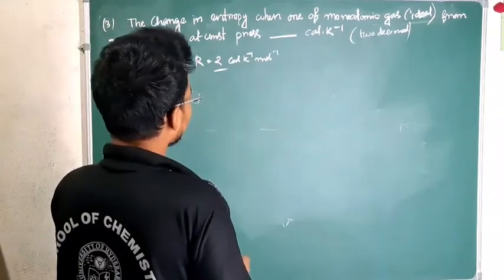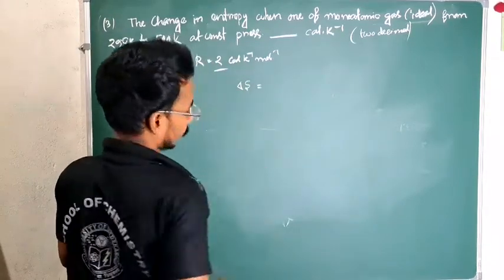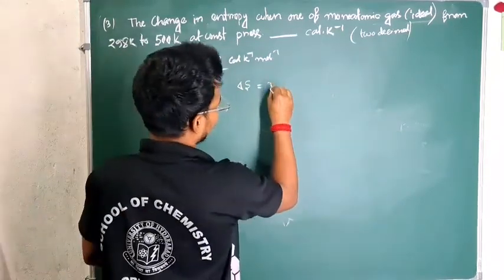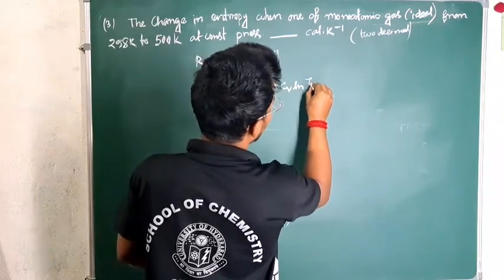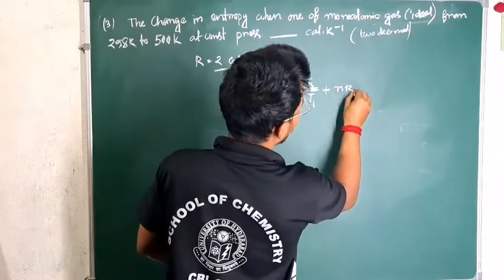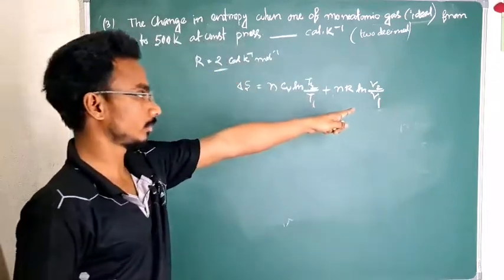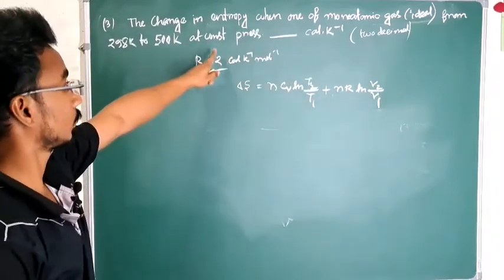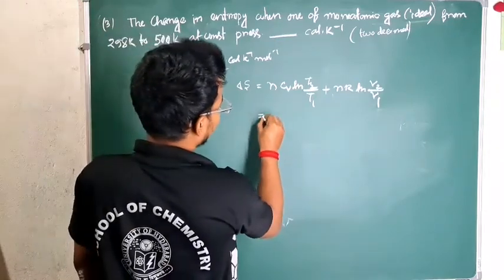Okay. So what is the formula of entropy change? It is NCV ln T2 by T1 plus NR ln V2 by V1. This is for volume, but they are asking about pressure.